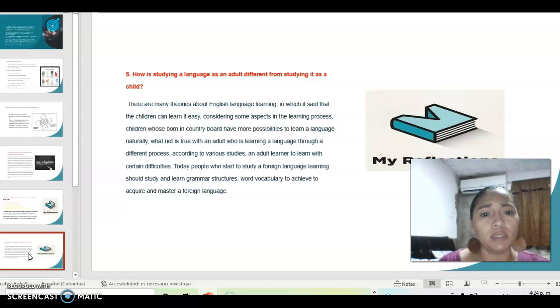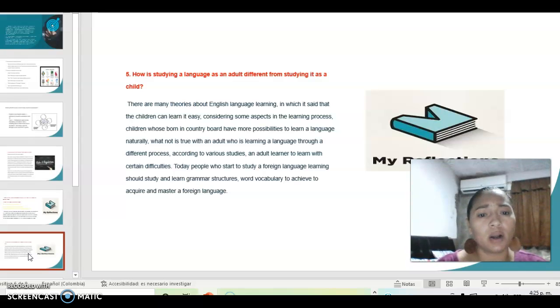How is studying a language as an adult different from studying it as a child? There are many theories about English language learning in which it is said that children can learn easily, considering some aspects in the learning process.